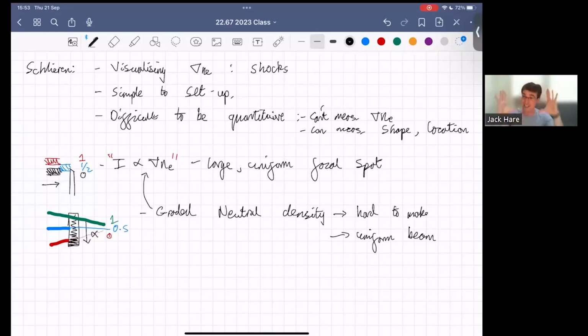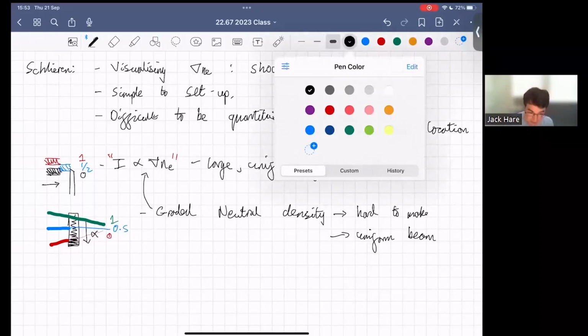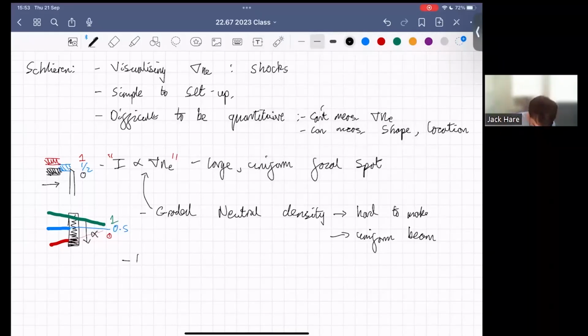But we don't tend to use nice large objects for our experiments with plasmas. We tend to use things like lasers. And lasers are not a good Schlieren source.